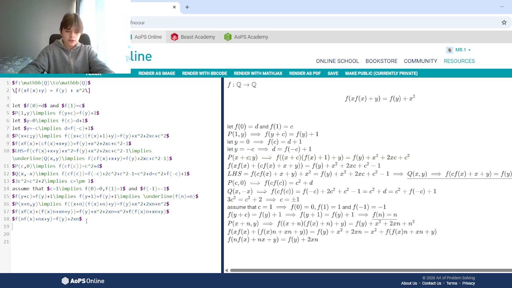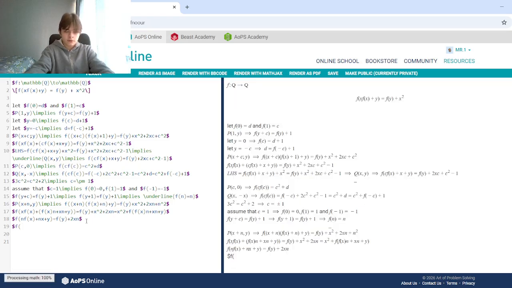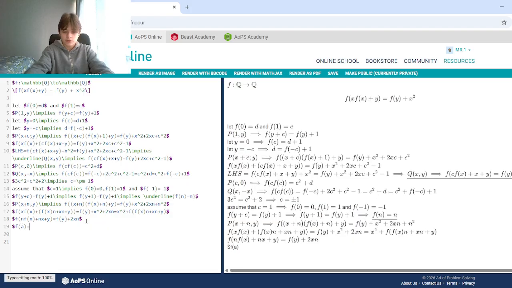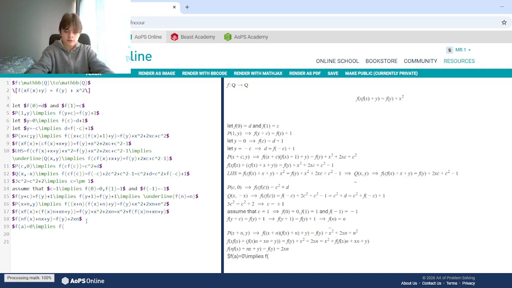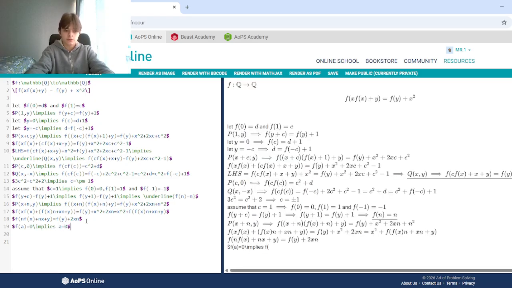Now we will stop here and prove that if, for example, f(a) is equal to 0, then this implies that a should be 0. So there is no integer other than 0 such that f(a) is equal to 0.